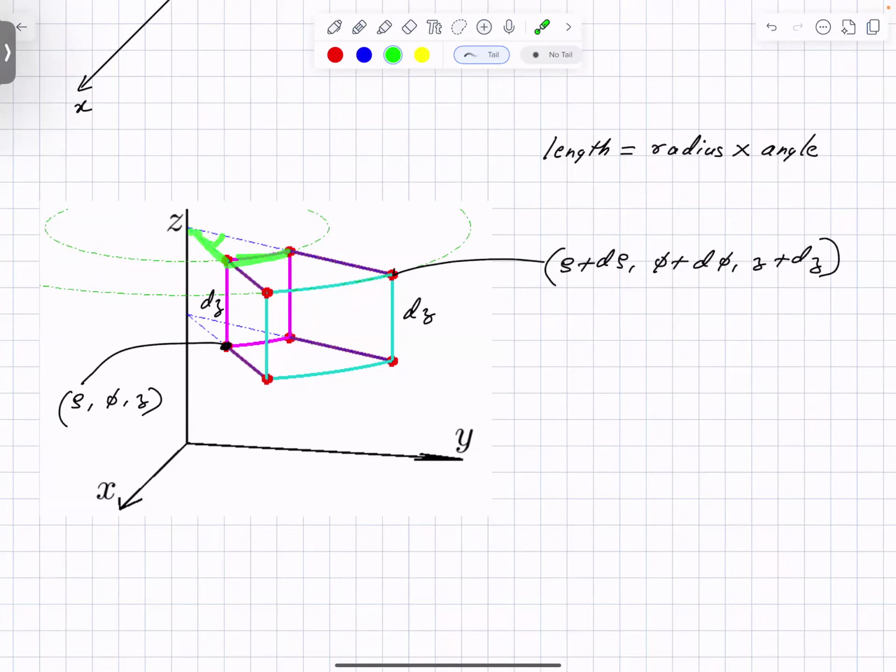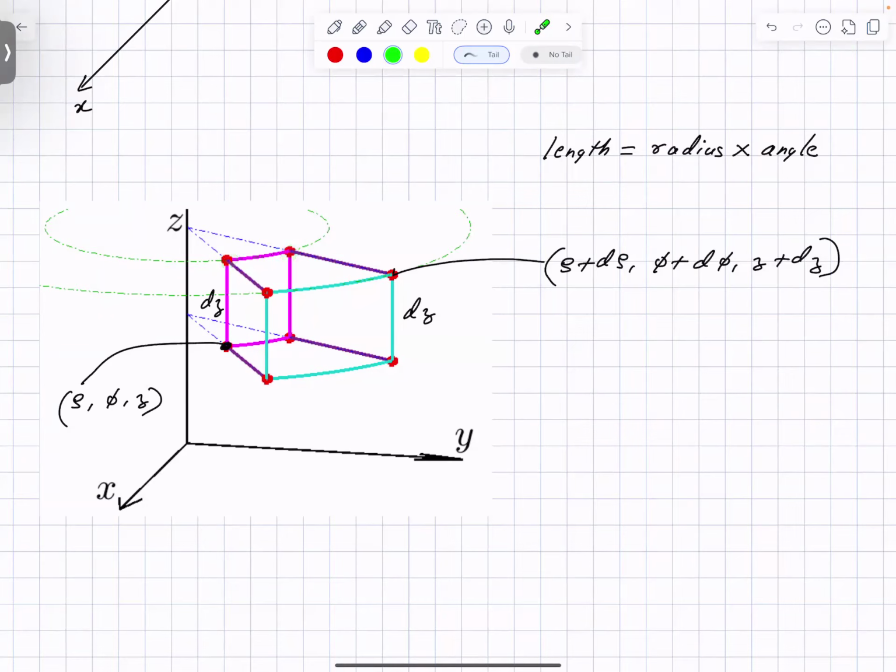And what is the subtended angle? If we look at this point, its second coordinate is phi, whereas this has a second coordinate of phi plus d phi.